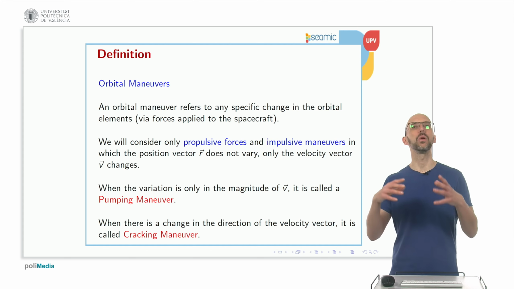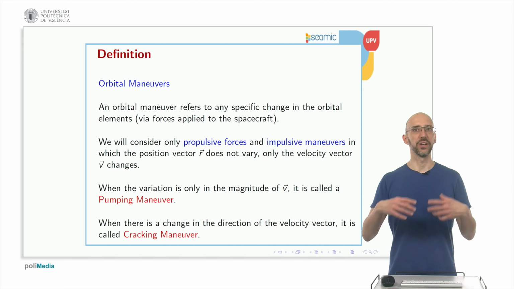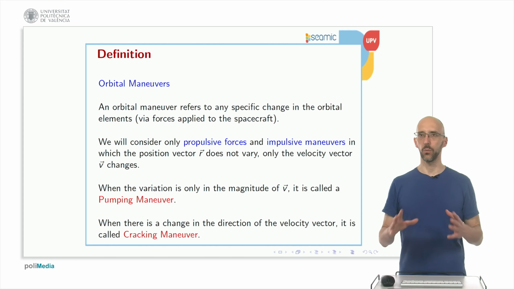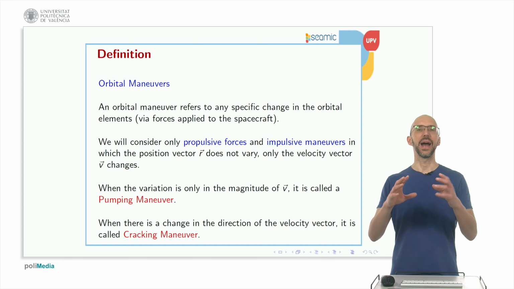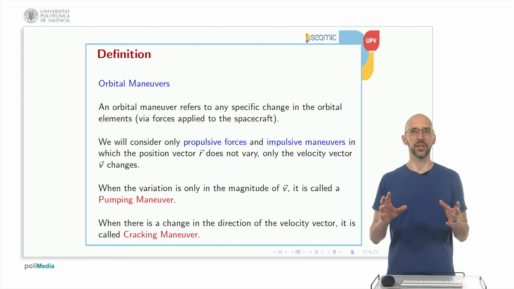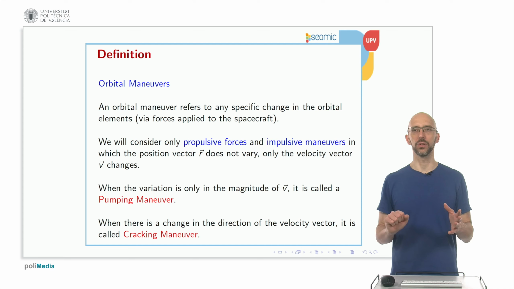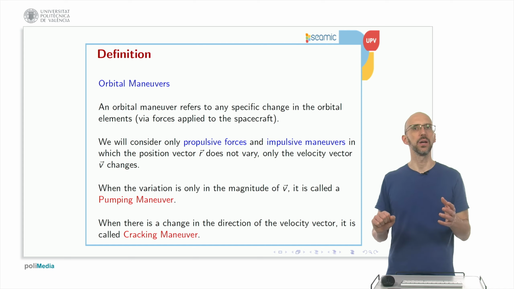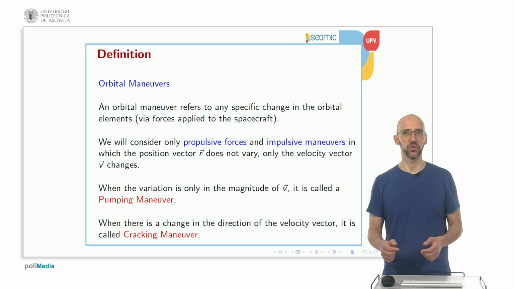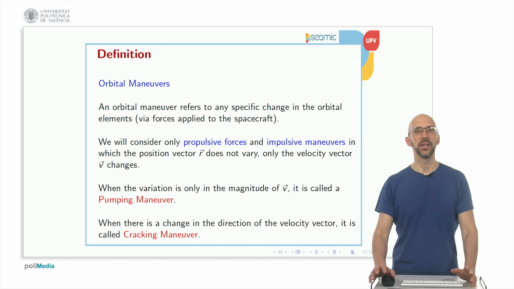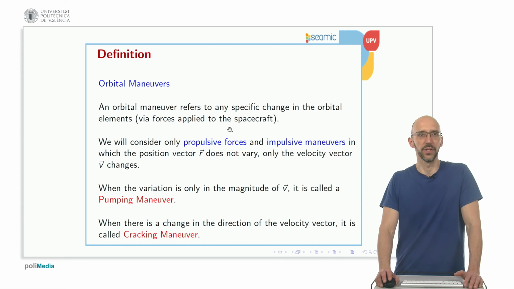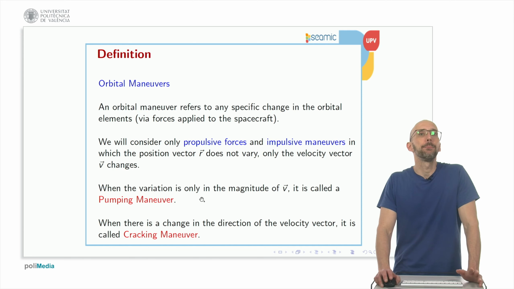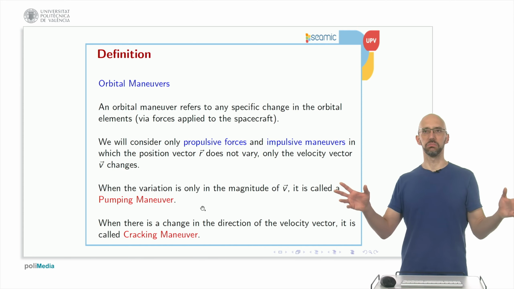I don't want to have the engine on, for example, for 20 minutes. We are just going to talk about an ideal case in which we put the engine on for 1 second, and then the spacecraft changes the orbit in which it moves around the Earth.